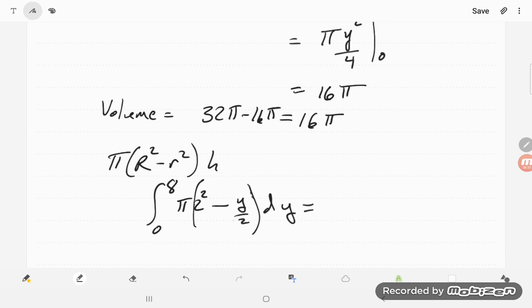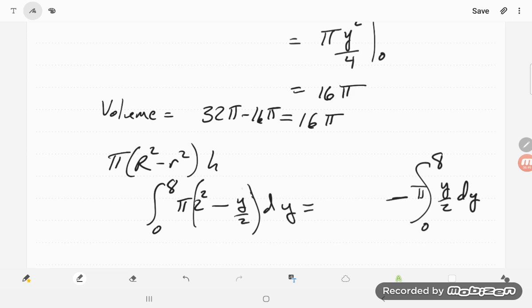And notice, the second part is still just that integral we just did, 0 to 8 of pi times y over 2 dy, and we would get our 16 pi.